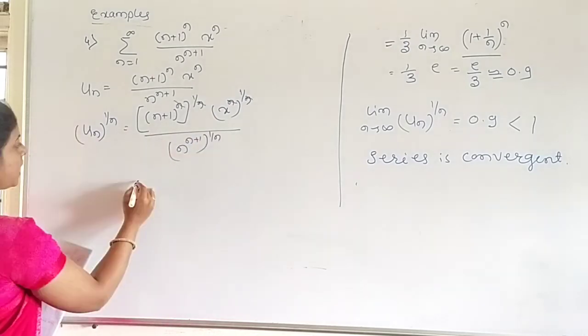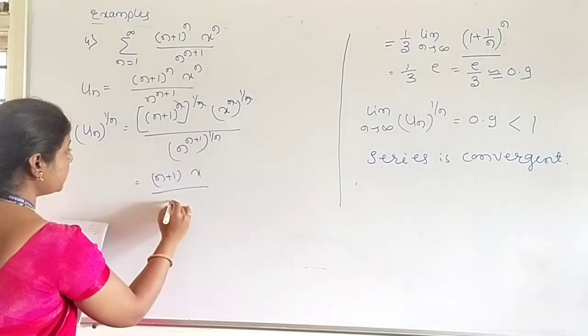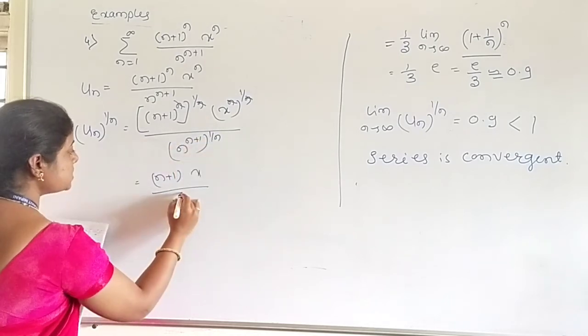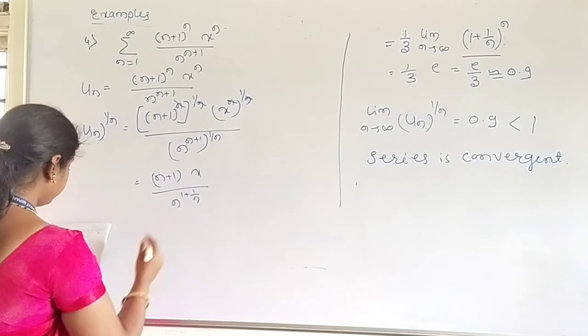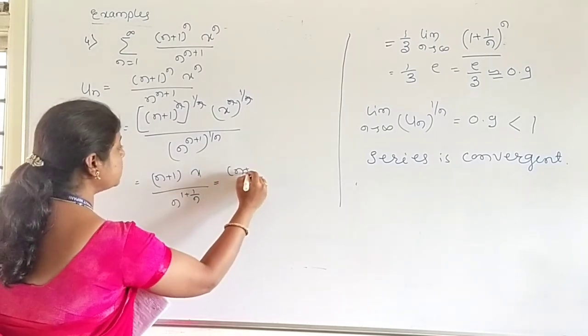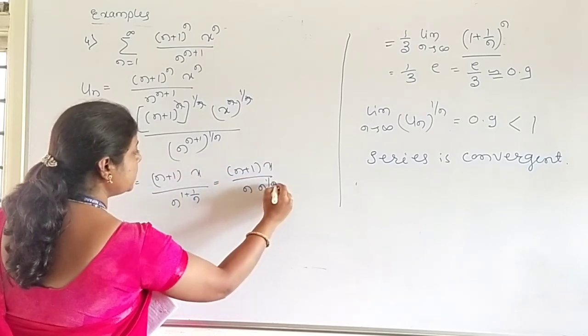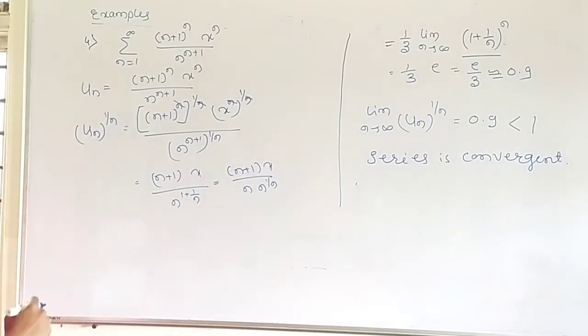After that, this n gets cancelled. The remaining is (n plus 1) into x divided by n, which gives 1 plus 1 by n. Now if you want, you can take the denominator terms separately as n into n to the power 1 by n.